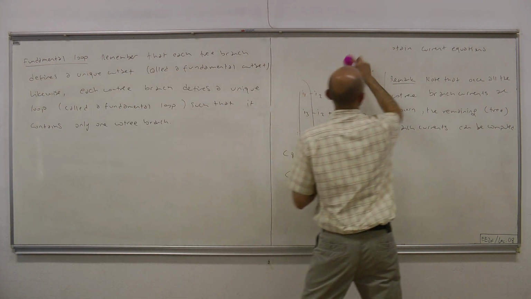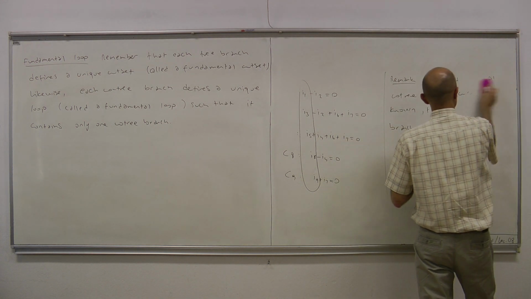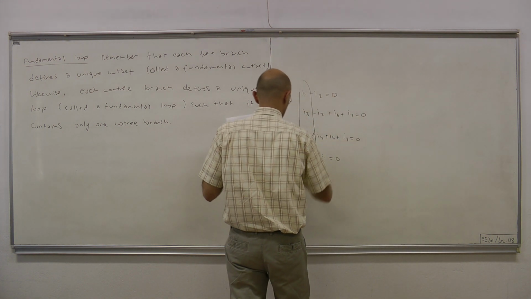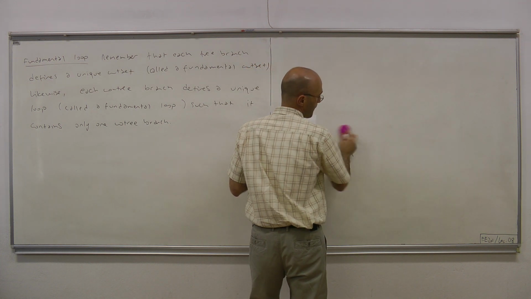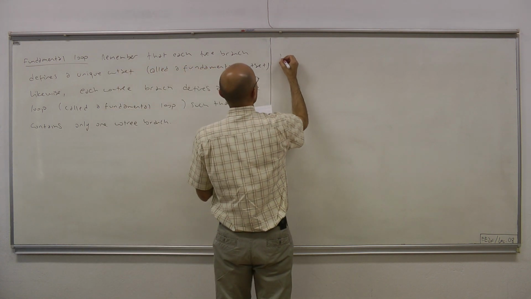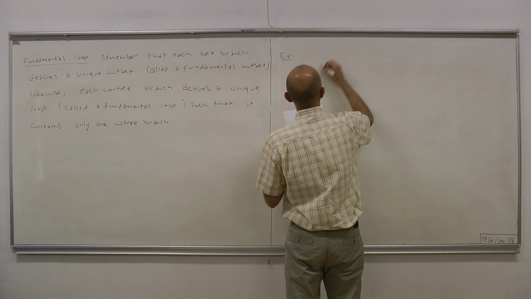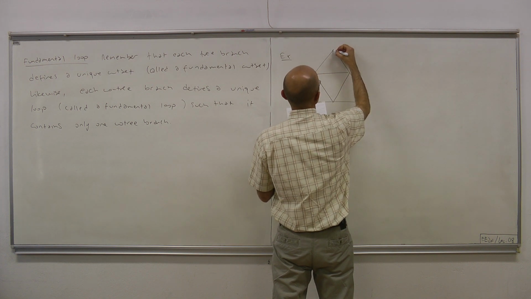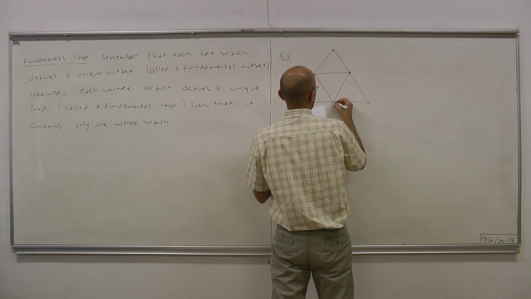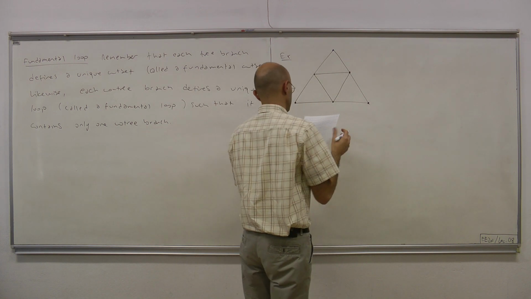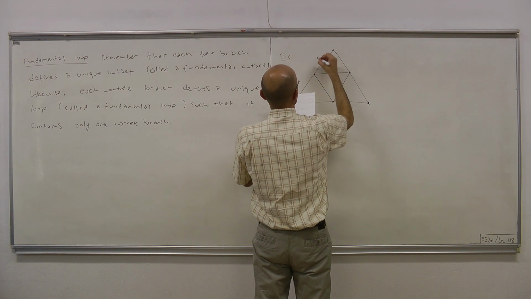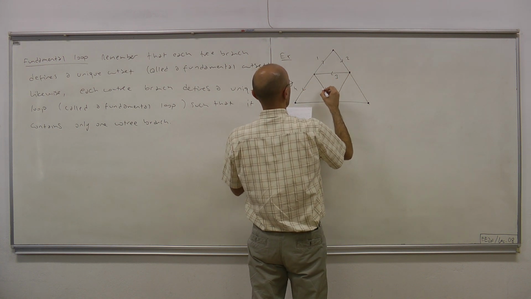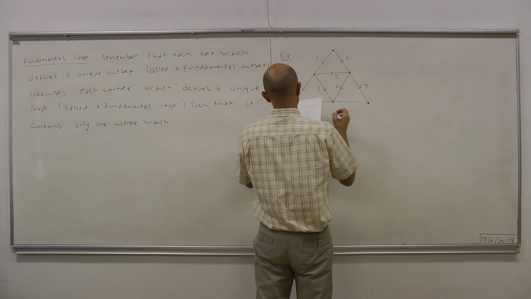Let's stick to the same graph as before. Our 6-node, 9-branch graph. 1, 2, 3, 4, 5, 6, 7, 8, 9.